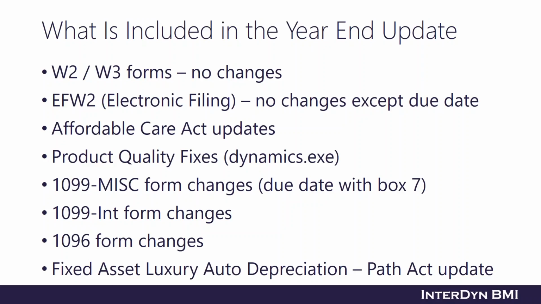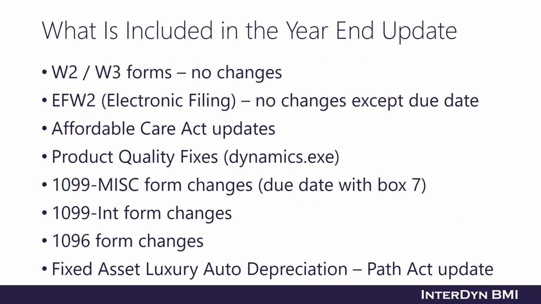If you don't use box 7, so you're using a 1099 for attorney payments or rents or royalties or something other than non-employee compensation, then your due dates really have not changed. They're just trying to get that subcontract piece in there, because that's the bulk of what those forms are used for every year.